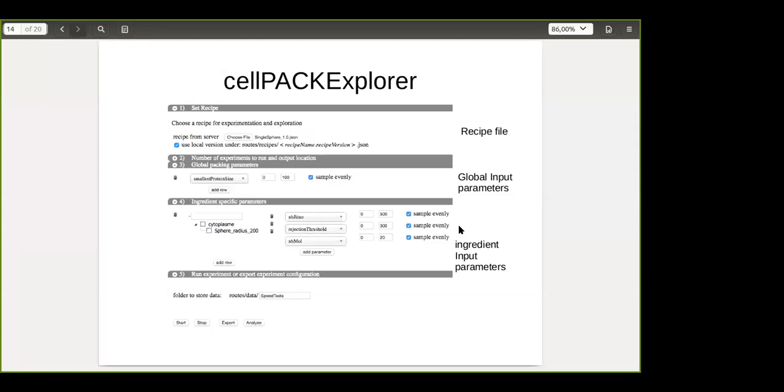The parameters that are sampled here are the molarity, which is the parameter setting how many copies of an ingredient could be placed in the volume, the rejection threshold of that ingredient, which controls how likely an ingredient will reject the position it gets proposed on the grid, and the jittering of an ingredient, which specifies how much an ingredient is able to rotate to better fit inside the proposed space. Finally, in panel number 5, we just set where on the server the data should be stored for computation.